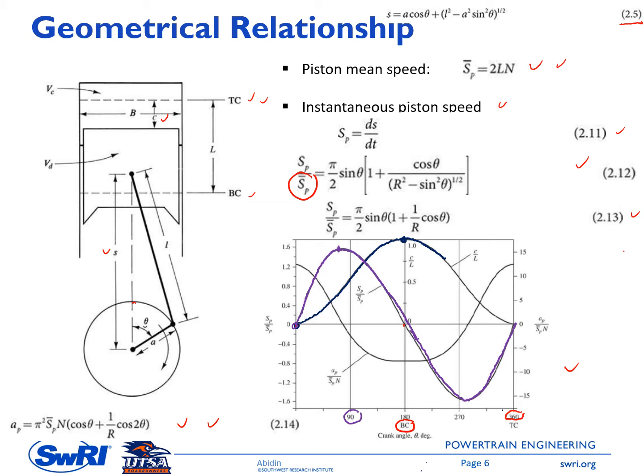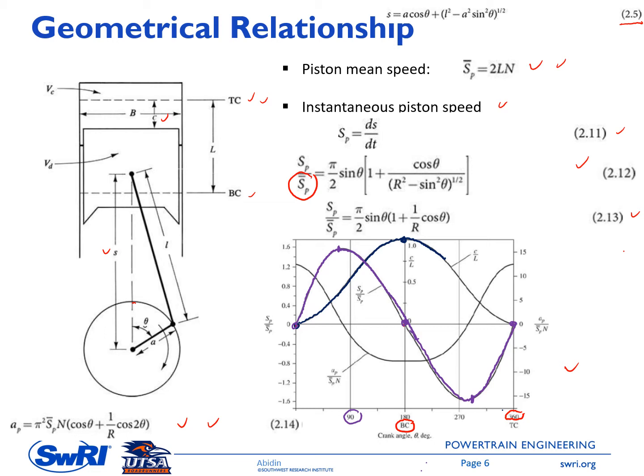Then the piston speed is 0 when the piston is at bottom center, and then it is negative because the direction changes, and it has a minimum here, after 270 degrees crank angle, and then goes back to 0 when the piston is at top center again.